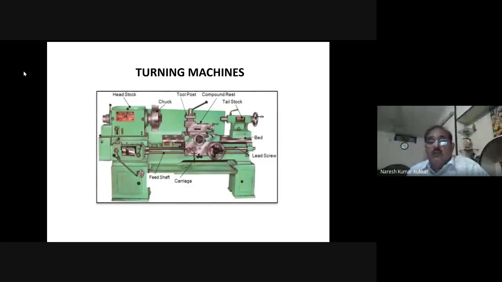They will ask you basically the parts of the lathe, which part is used how, and for what purpose the lathe is used. So we must be able to differentiate between the things. The lathe has a headstock, chuck, tool post, compound rest, tailstock, one bed, lead screw, carriage, and feed shaft.